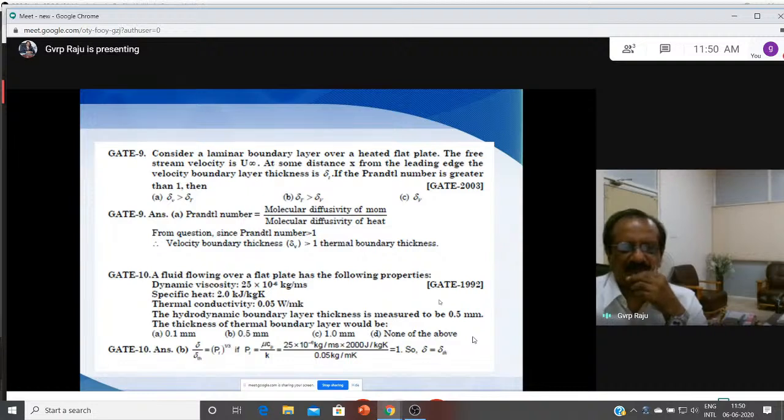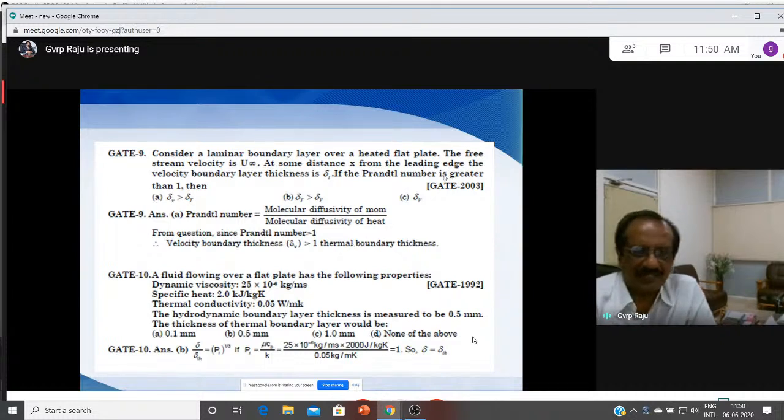So the Prandtl number, as per the definition, is molecular diffusivity of momentum by molecular diffusivity of heat. From the question, since the Prandtl number is more than 1, he has already given a hint here, greater than 1. So as it is a ratio, the velocity boundary layer thickness delta V is more than delta t. So that's why answer A is correct.